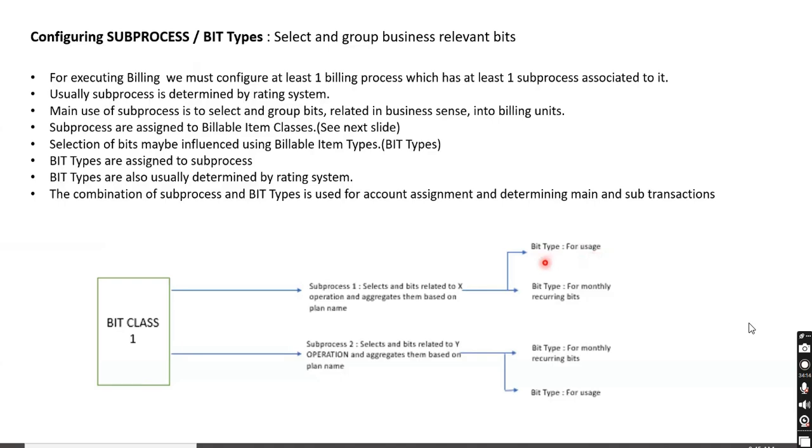Beyond 1 GB it becomes chargeable, maybe 50 rupees per GB or whatever the rate may be. So in the first plan, normal plan, you will pay a monthly recurring fee and also a download fee.